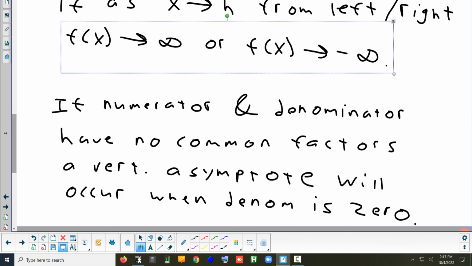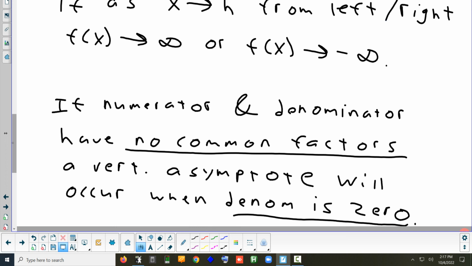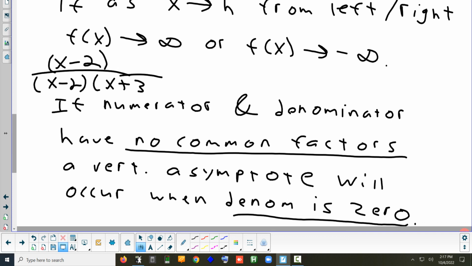Now, I basically said that you look for where the denominator is 0. But there's one thing you have to be careful about. The numerator and denominator cannot have a common factor. So what do I mean by that? In that problem, the numerator and the denominator have a common factor, x minus 2.